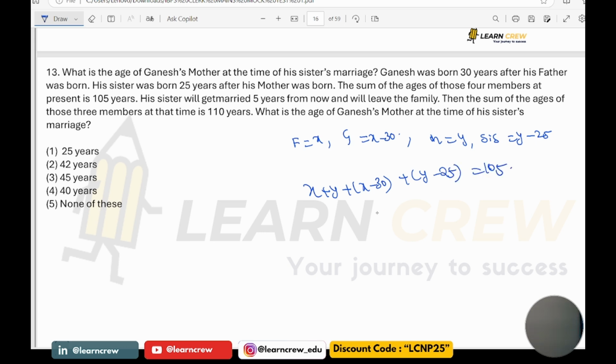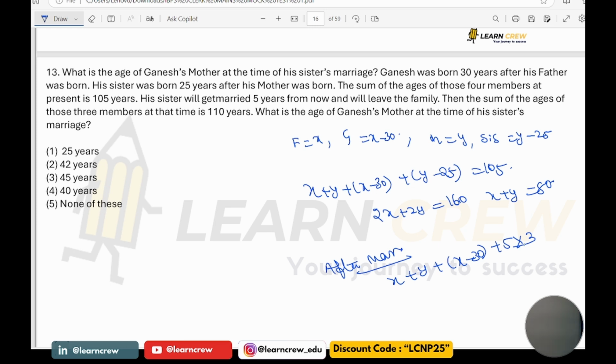From this you will get 2x plus 2y is equal to 160, so x plus y is equal to 80. After marriage, it is x plus y plus x minus 30, plus each increased by 5, so 5 into 3, which is equal to 110. The sum of the ages of those three is 110.